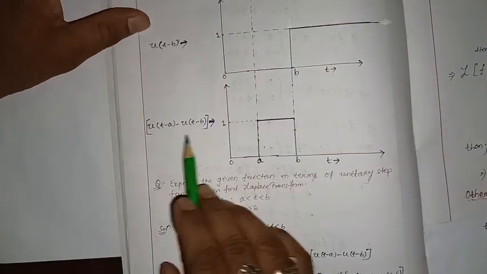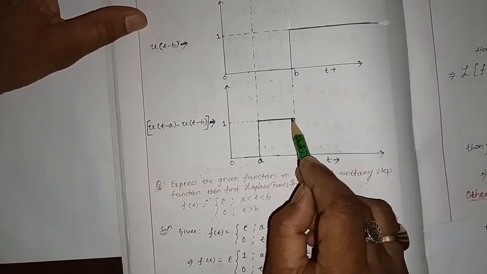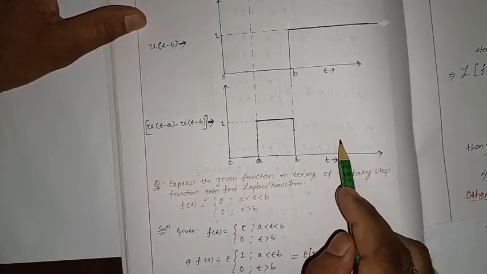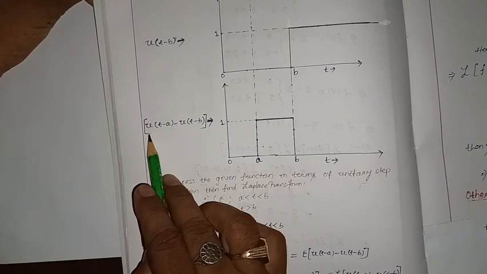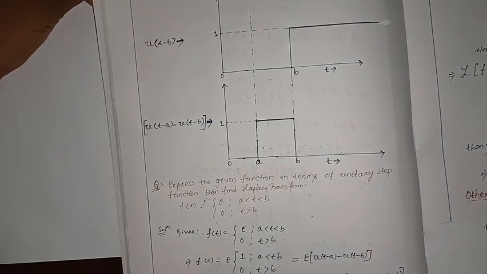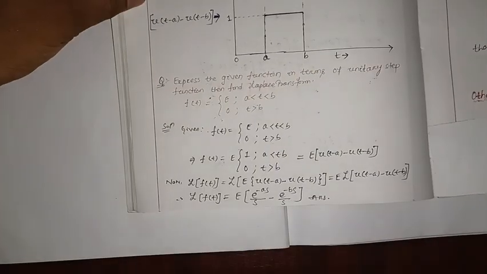So we found that u(t minus a) minus u(t minus b) will be equal to this. Below a it is 0, after b it is also 0. So this graph is nothing but the representation of u(t minus a) minus u(t minus b). This is required for different numericals.